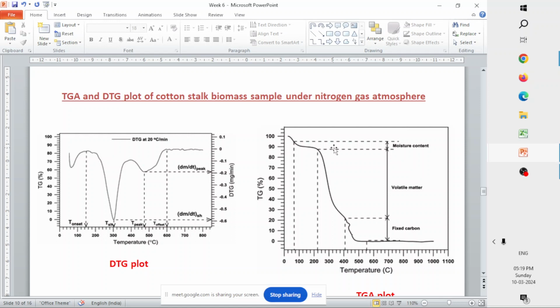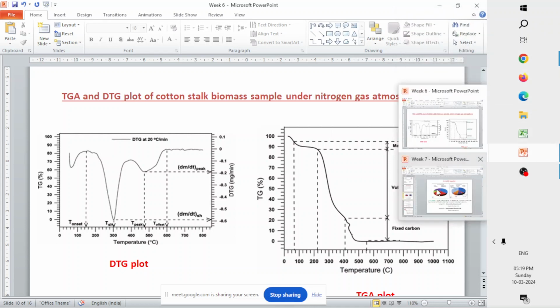Then the next weight decrease step will be assigned as the volatile matter present in your sample. Afterwards will be your fixed carbon, and at the end, when your mass becomes constant even if you keep increasing the temperature, that portion will be designated for your ash percentage.